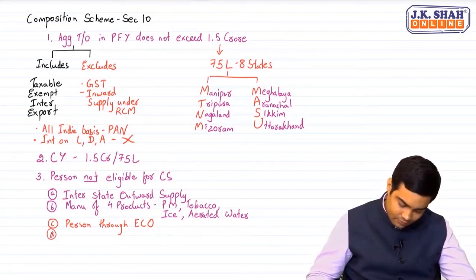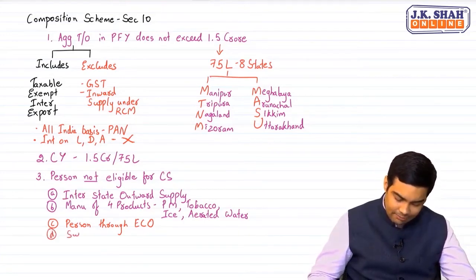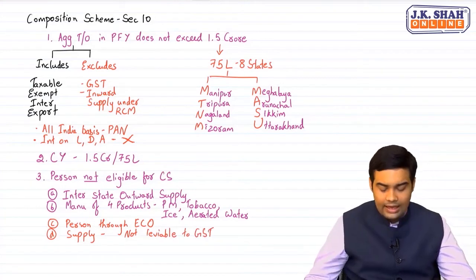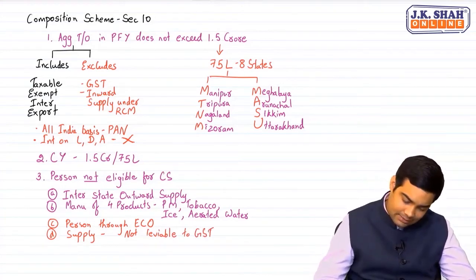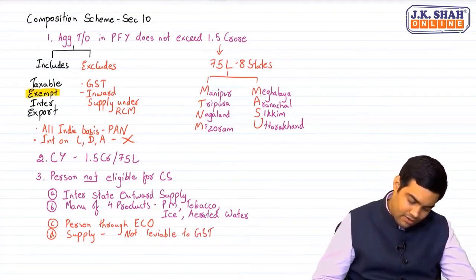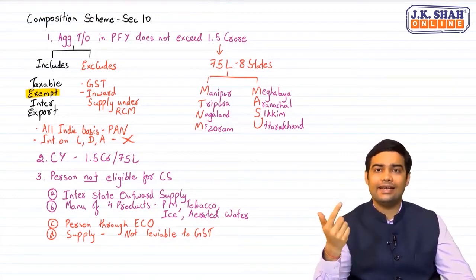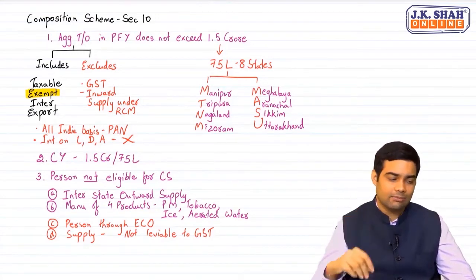D. Engaged in supply of goods which are not leviable to GST. Now, when we talk about goods or services not leviable to GST, see, the term exempt supply includes wholly exempt, nil rate and non-taxable supply.